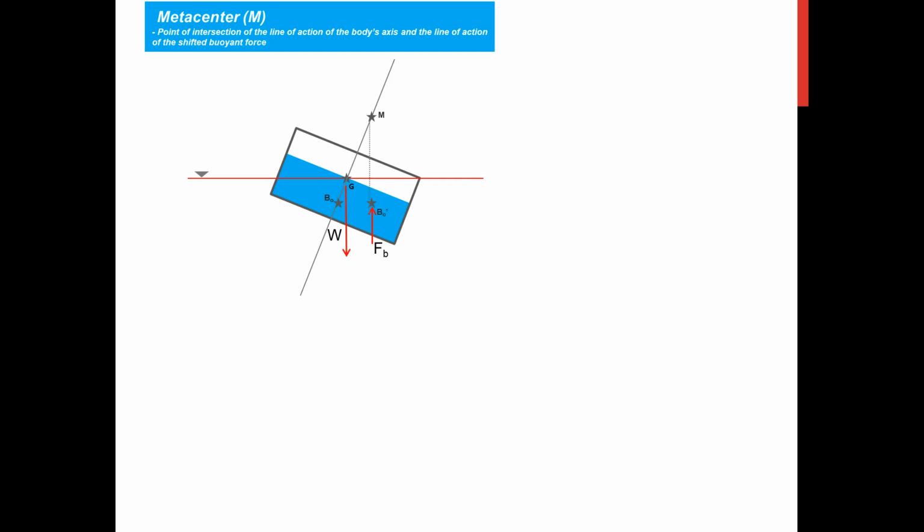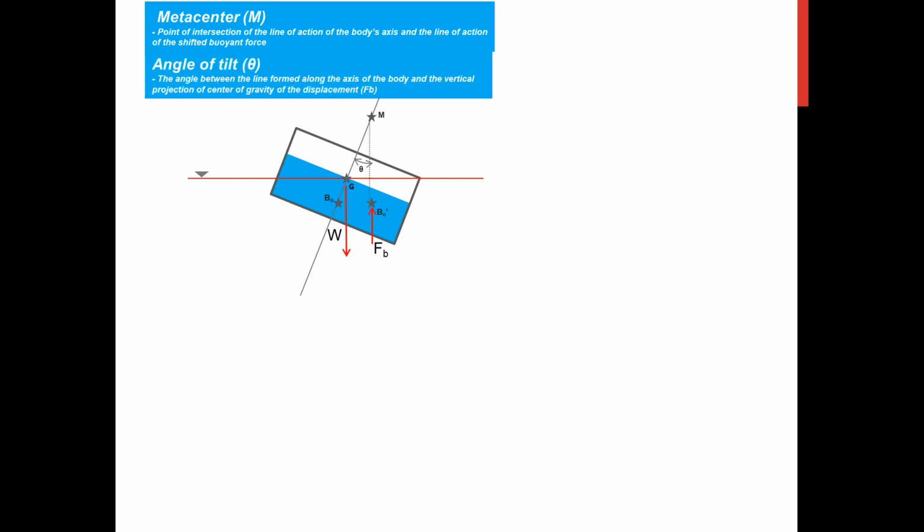The metacenter is the point of intersection of the line of action of the body's axis and the line of action of the shifted buoyant force. There will be an angle here formed by the two lines, and this is theta, which is the angle of tilt.